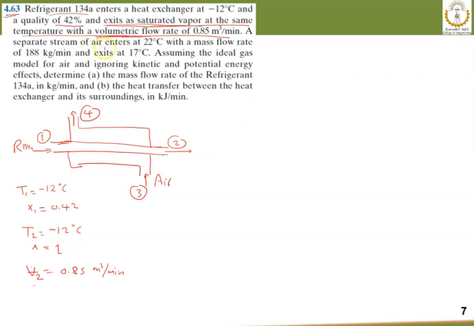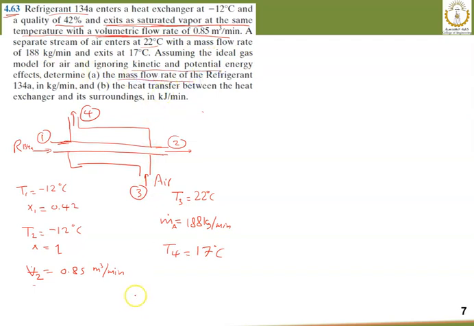So for air, it enters as T3 equals 22 degrees centigrade with a mass flow rate of air equal to 188 kilograms per minute, and exits, so T4 equals 17 degrees centigrade.